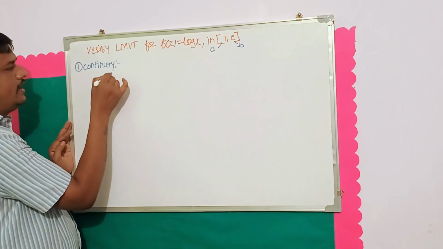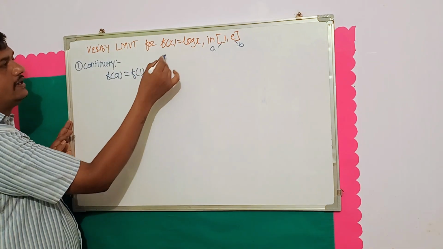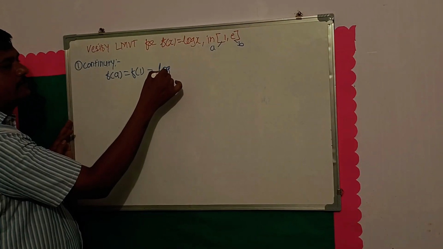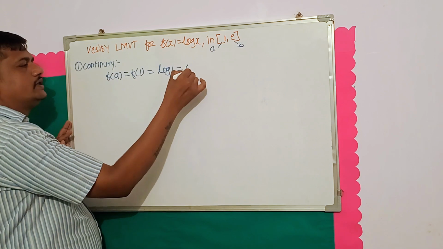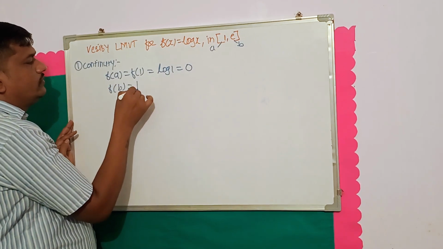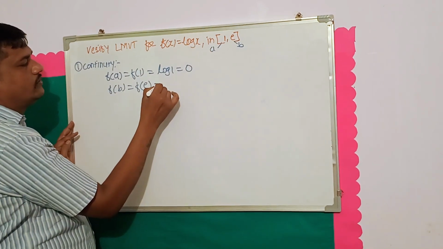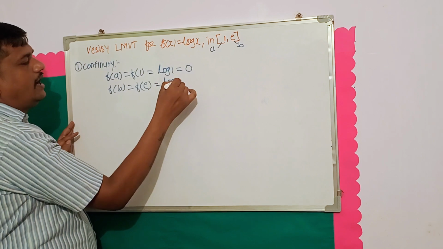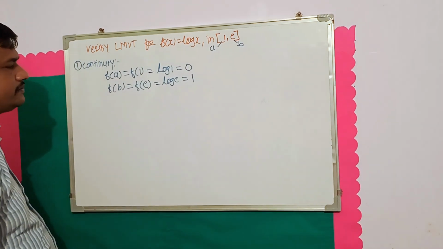I will get f of a is equal to f of 1, and it is equal to log of 1, which clearly you can see log 1 is equal to 0. Then f of b is equal to f of e. Now b is our e, so it is equal to log of e, and the answer for this is 1. Log e is 1, we know that.